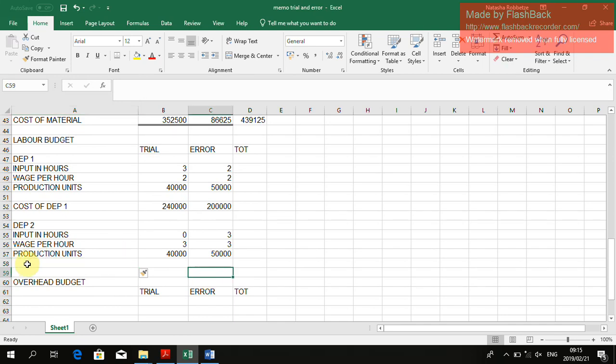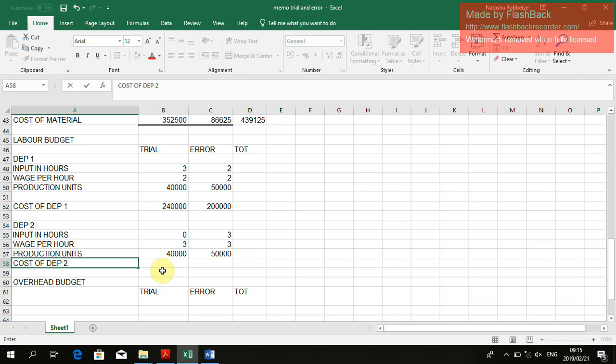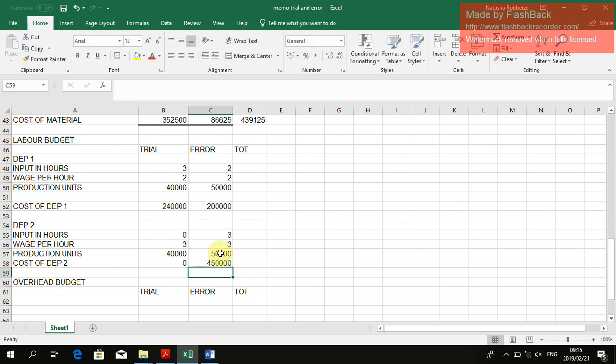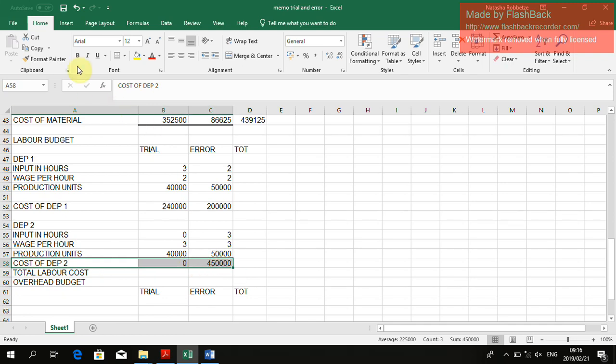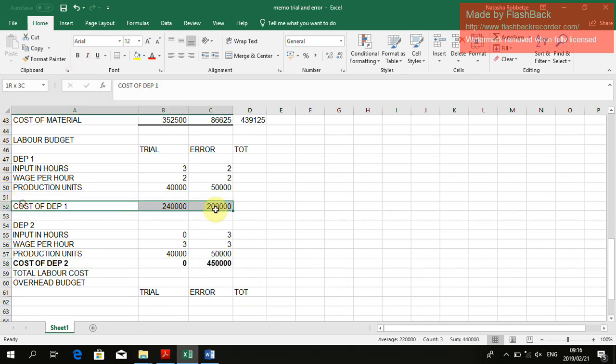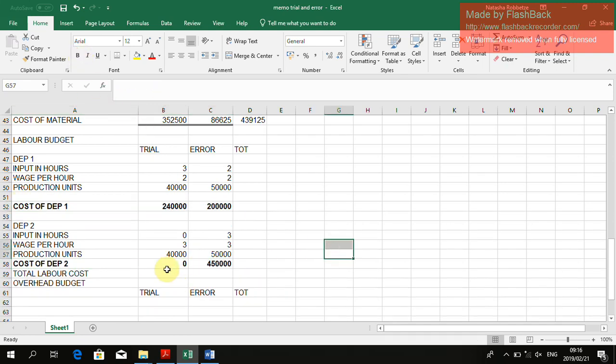So for the cost of department 2, we're going to multiply again. This ought to be 0. And here we're going to say 3 times 50,000. And now we can get to total labor costs. The total labor costs will then be the sum of the answer for department 1 and department 2.